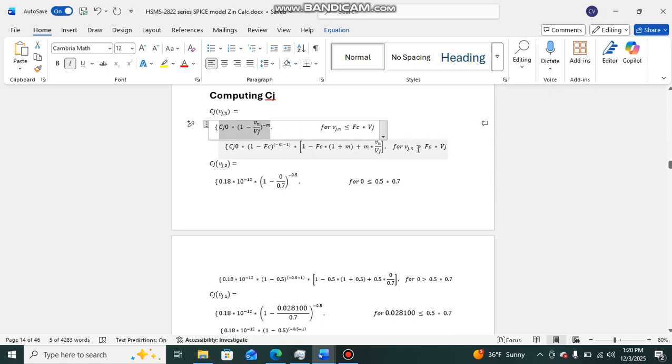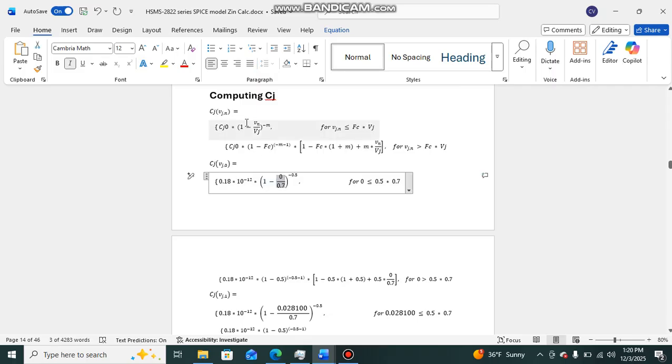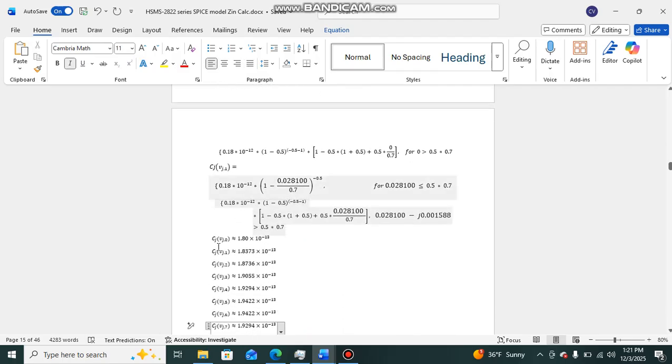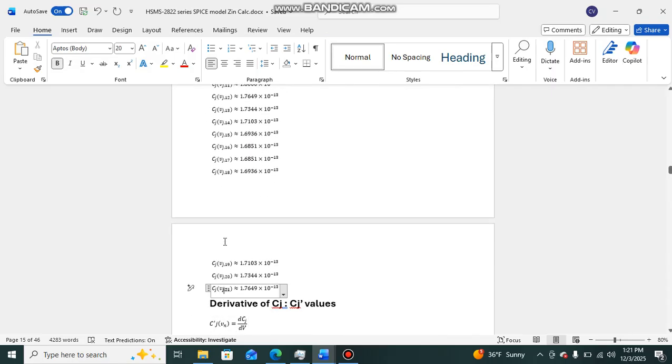Now on the other hand, if it was greater, then we would be using this equation. So I plug in the real values, the voltages of Vn in the equation, and all the parameters that were given in the data sheet, and we do that for n equal to 0 all the way to n equal to 21, which is 22 samples.